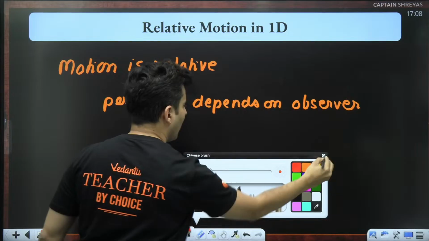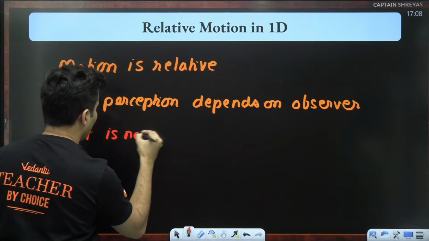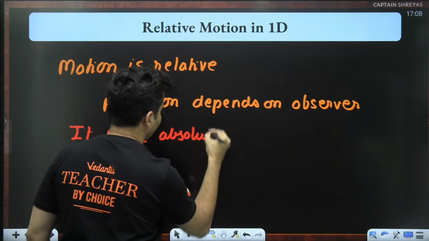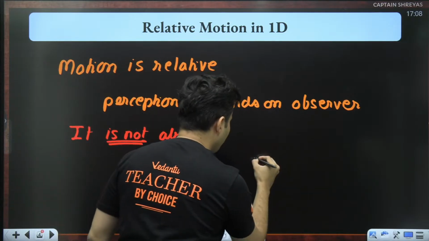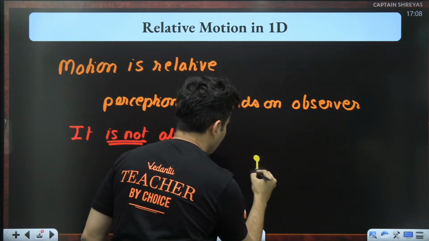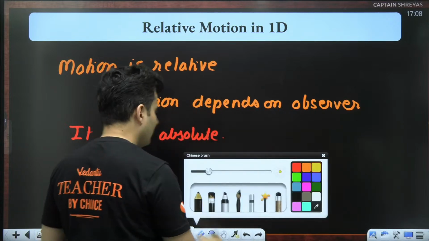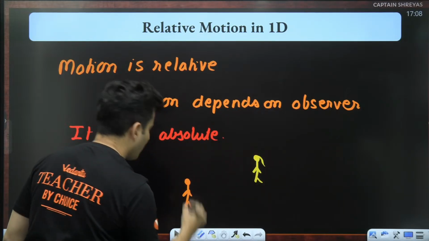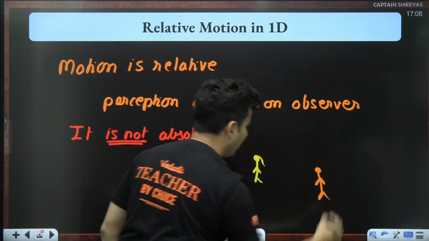It is not absolute. So the same Champa who is probably going somewhere, for one Pandu over here might be at rest, for another Pandu over here might be in motion.